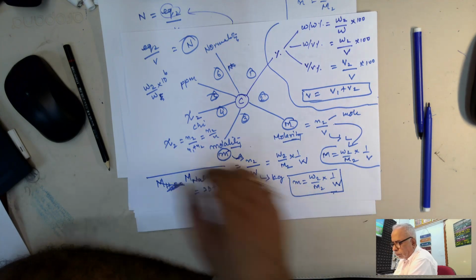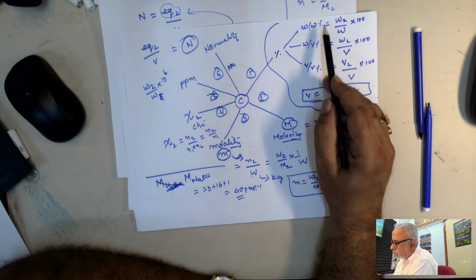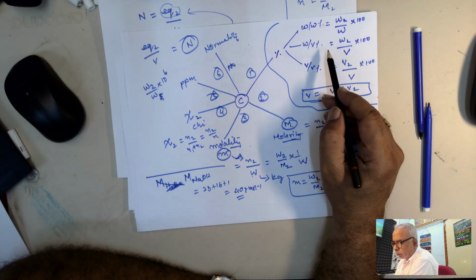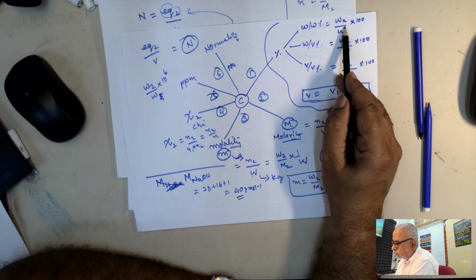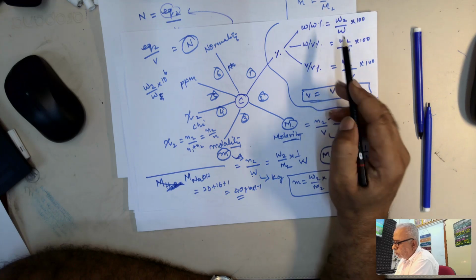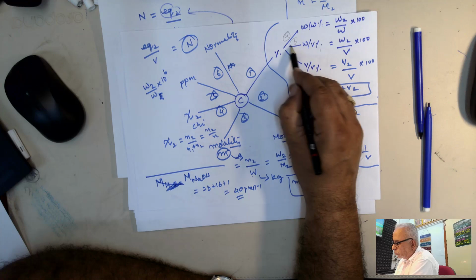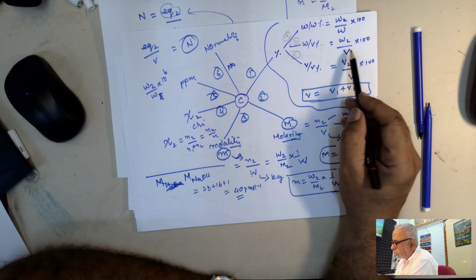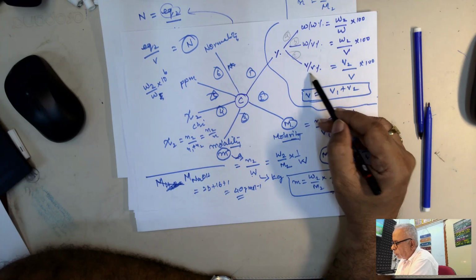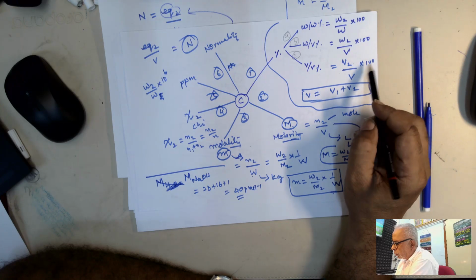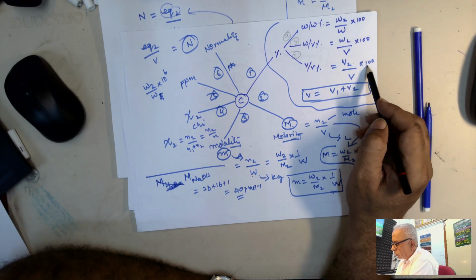The first is W by W percentage, which is the weight of the solute upon the weight of the solution into 100. The second is W by V percentage, which is the weight of the solute upon the volume of the solution into 100. The third is volume by volume percentage, which is the volume of the solute upon the volume of the solution into 100.